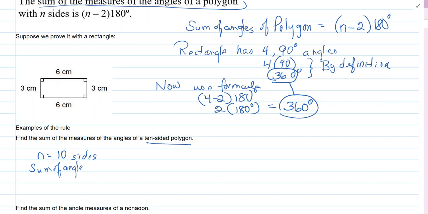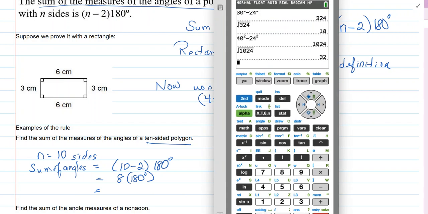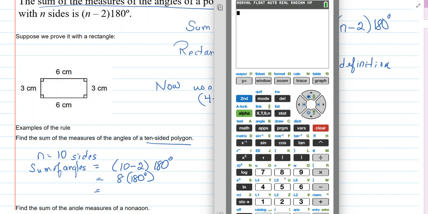We know that we're going to have 10 minus 2 times the 180 degrees, 8 times 180 degrees. We're going to use the calculator because that's a little bit bigger than I can handle.